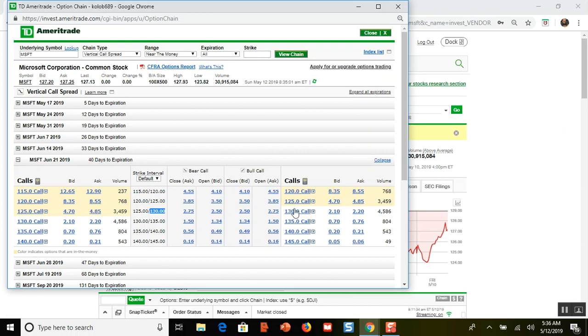Now, if Microsoft indeed does go up to $130 or higher, then this 125 call, 130 minus 125, will be worth $5, which you only spent 280, right? So your $280 will turn into $500, and then this call will be worth $0 if it stops at 130, right?